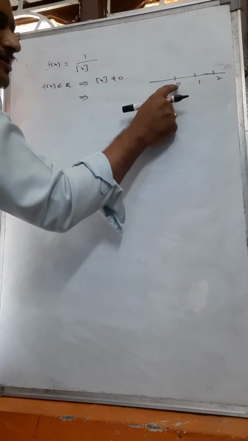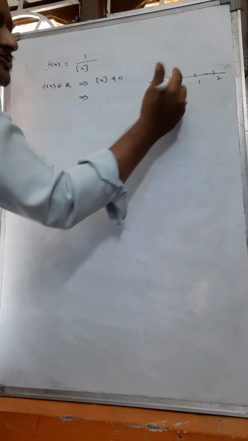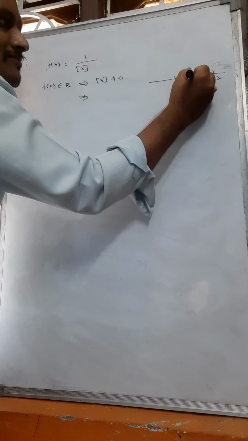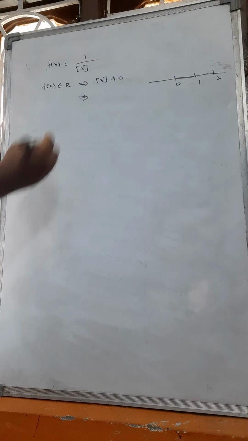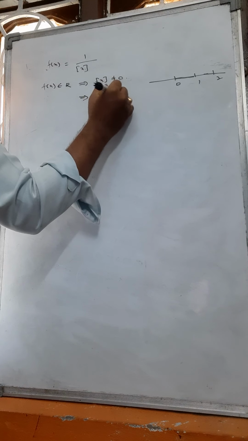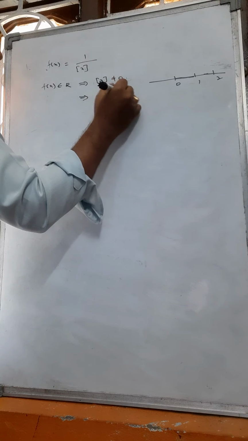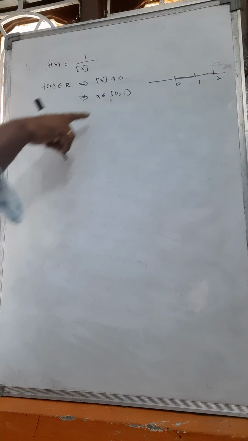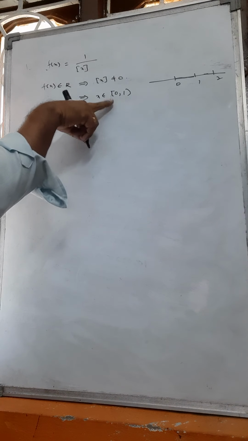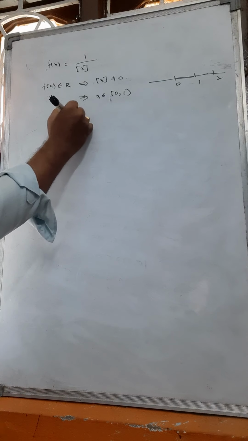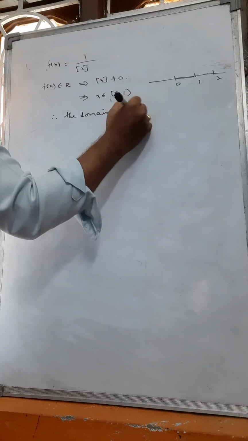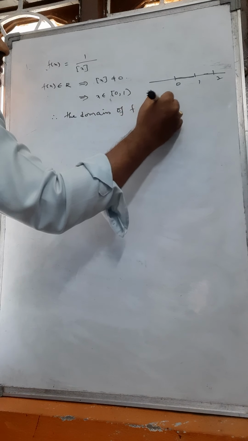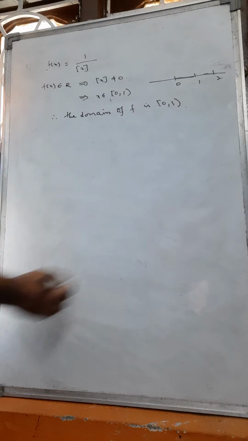So the step x value becomes 0 for all the values from 0 to 1. So here x belongs to the interval closed 0 to open 1, left closed at 0 and right open at 1. Therefore the domain of f is R minus [0, 1).